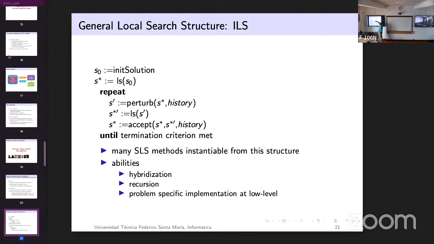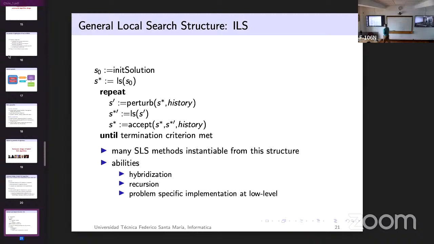Then we repeat: we do a perturbation of the solution, a modification of the start. Then we again do a local search on this modified solution, and then we accept it, and we continue until a termination criterion is met.